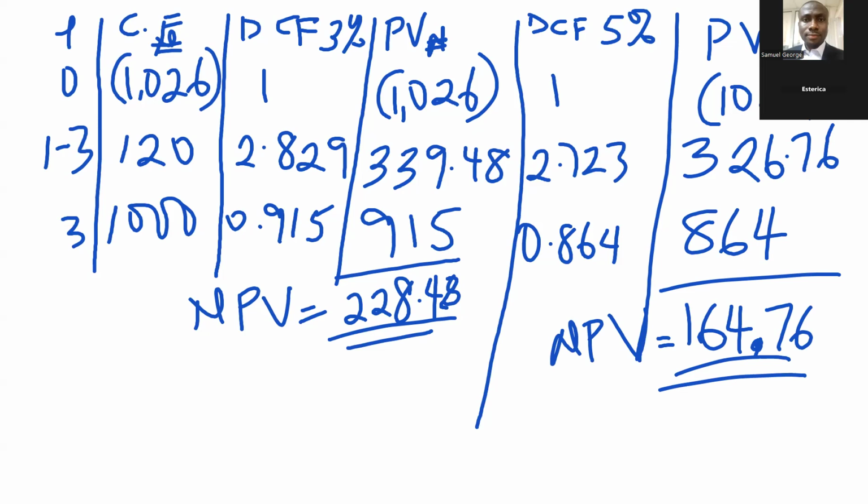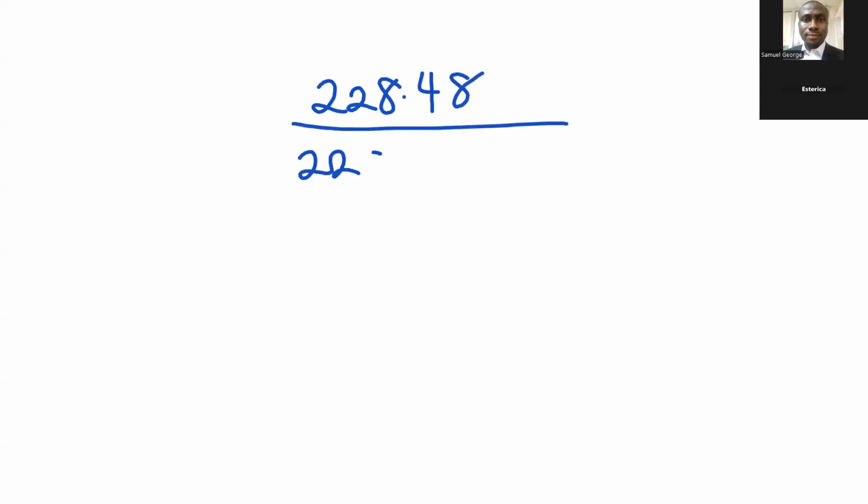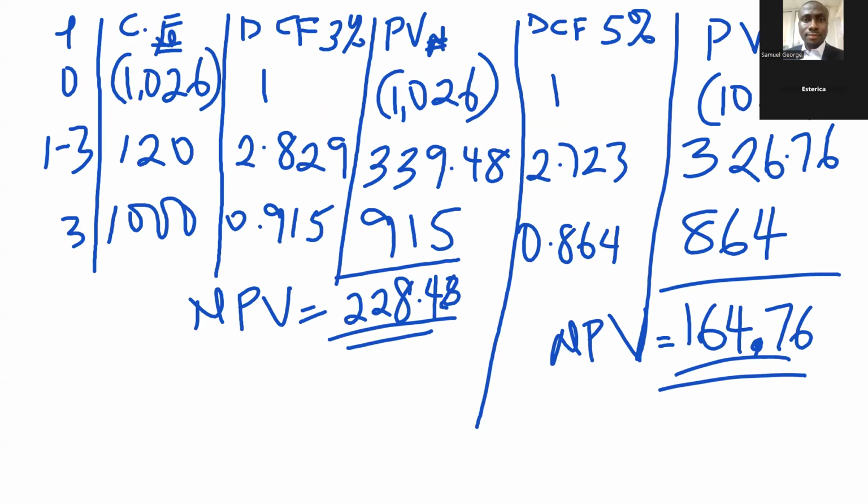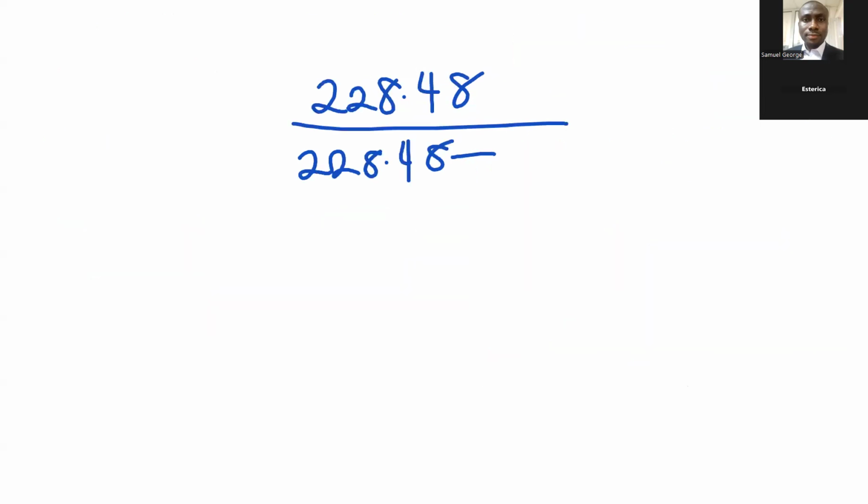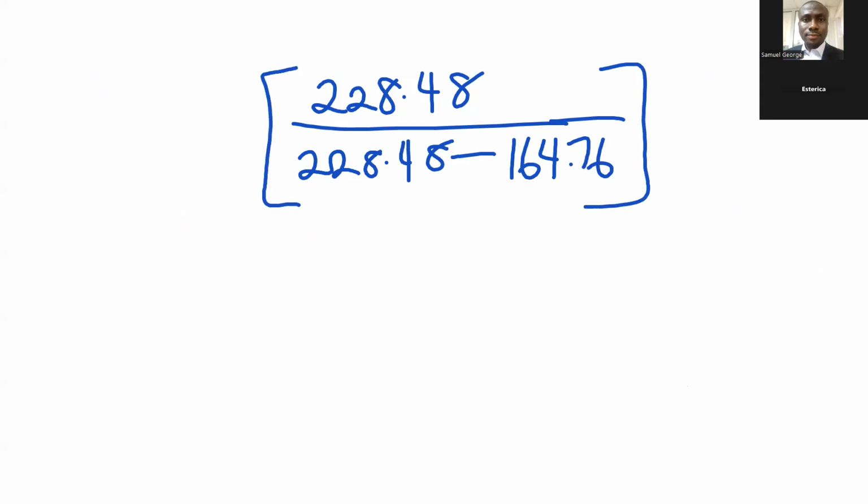So let us calculate our IRR. Okay, the NPV of the lower rate is 228.48. 228.48 divided by 228.48 minus the NPV of the higher rate, 164.76, times 5 minus 3, plus the lower rate 3.